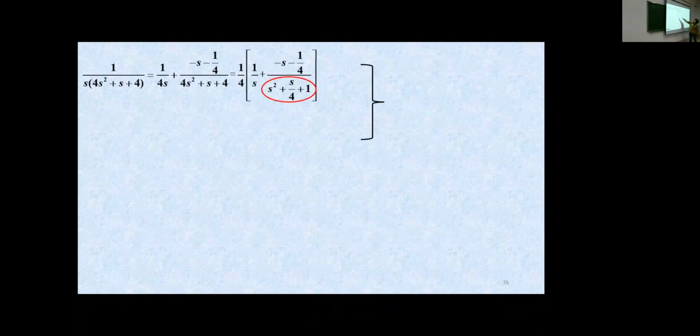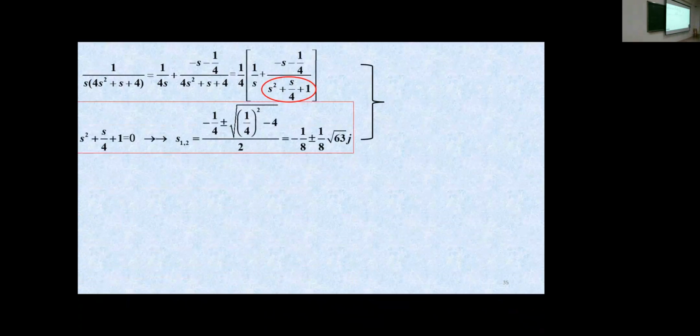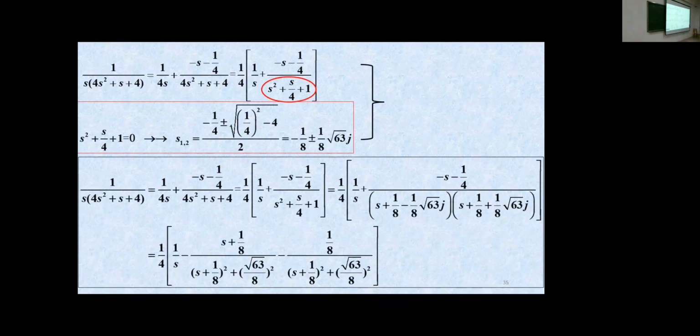Okay, we take 1 divided by 4 out of the whole. And this is where you change the numerator into a form you can easily look up in the table. This is why we do this.